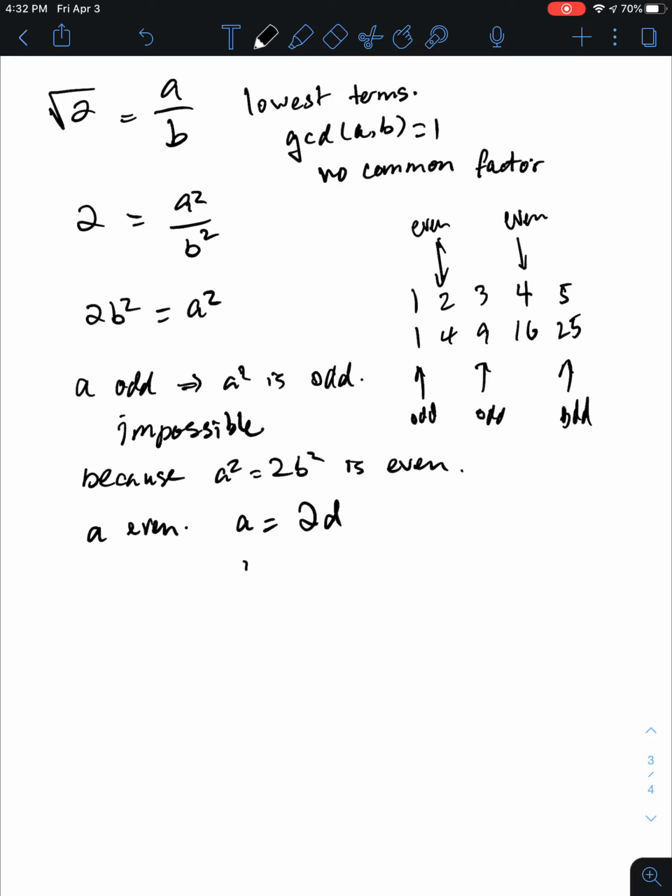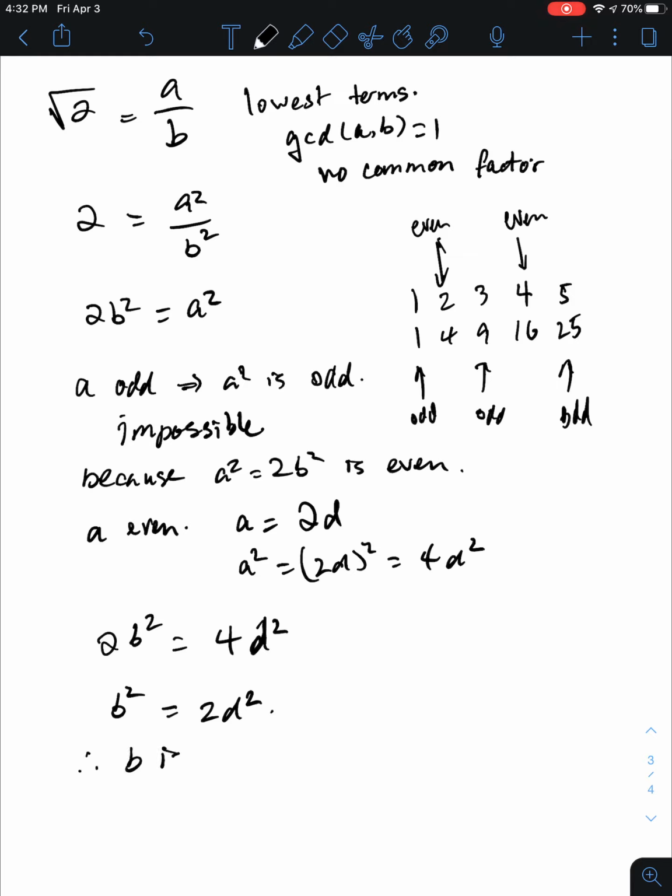D is some other number. So A squared is 2D squared, which is 4D squared. So that means that 2B squared is equal to 4D squared. And we have a common factor of 2. We're going to factor that out. And this tells us that, therefore, B is also even.